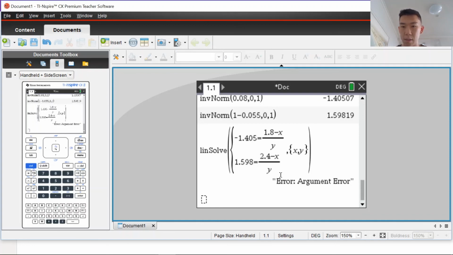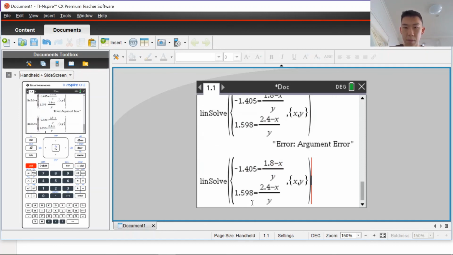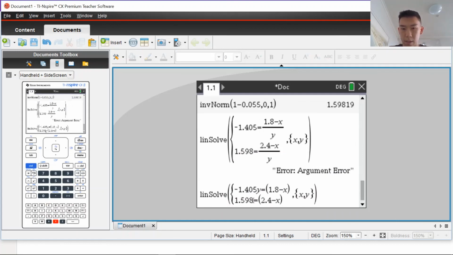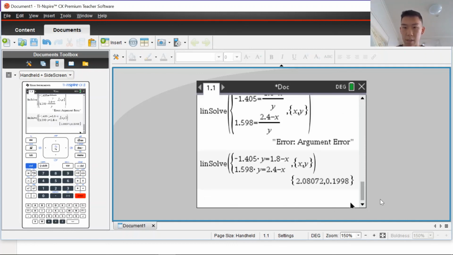Oh, they're not linear, silly me. So maybe I just multiply the y to the other side, like this. There we go.